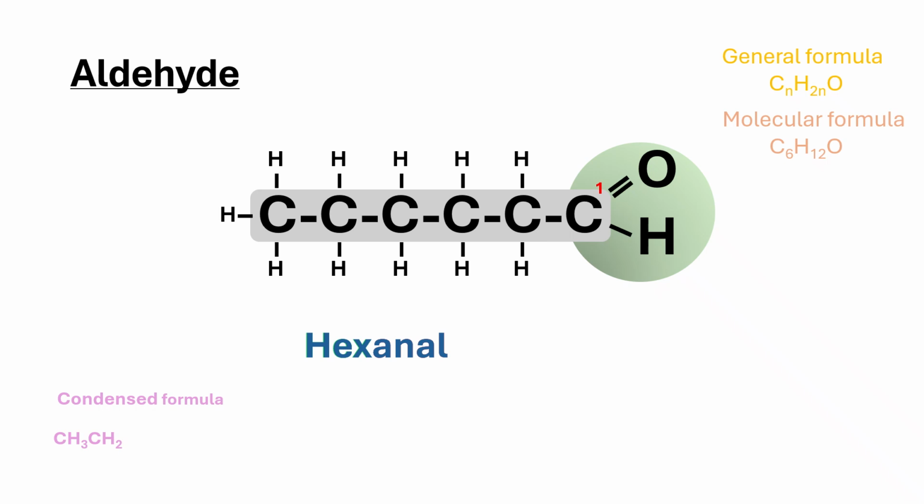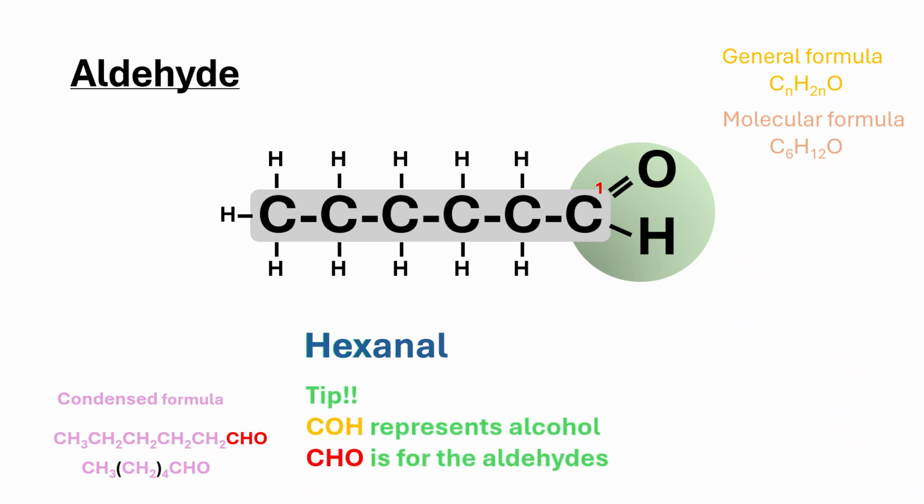So we have CH3, CH2, CH2, CH2, CH2, and finishing with CHO to represent the aldehyde. But since we have 4 repeating CH2 groups, we can condense this further by using brackets: CH3(CH2)4CHO. What you need to be careful about is not to write this as COH for the aldehyde group because it may represent the alcohol instead of the aldehyde.